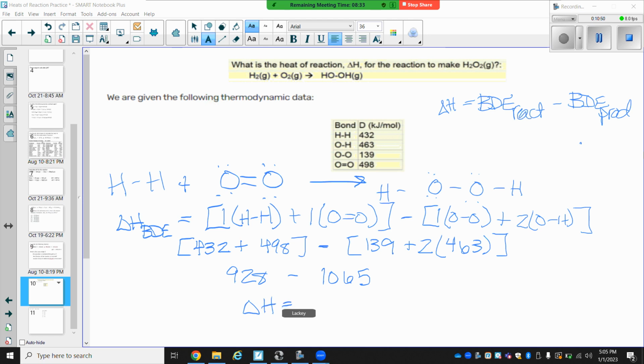It's going to be negative 137 kilojoules. And yet again with these, since we weren't given original numbers, we tend to just leave these as whole numbers or whatever they end up as. So this would be an exothermic reaction because that is a negative heat of reaction. Let's look at one more of these.